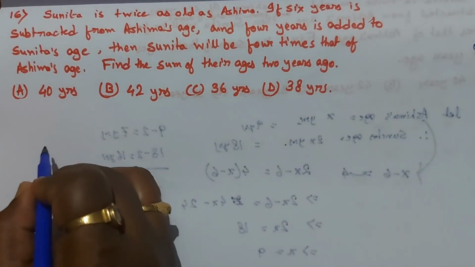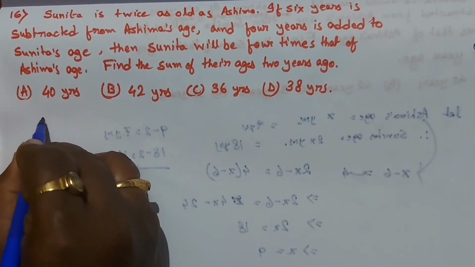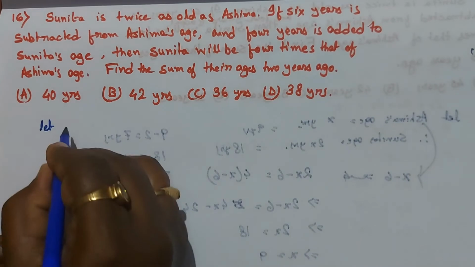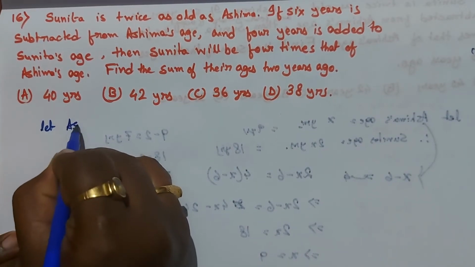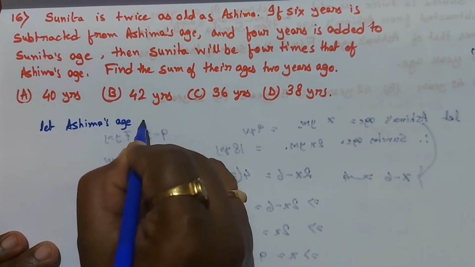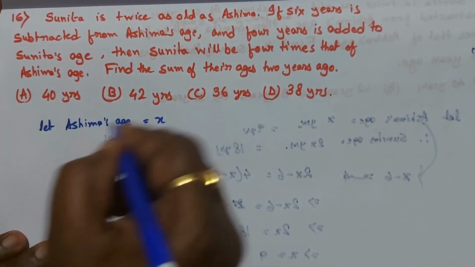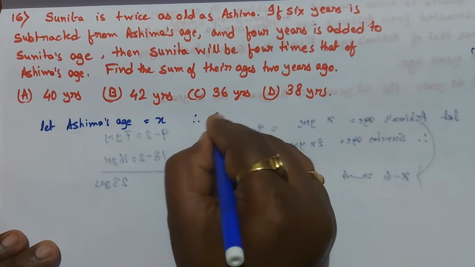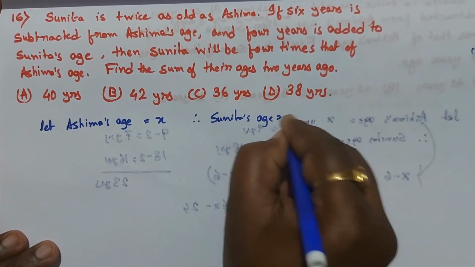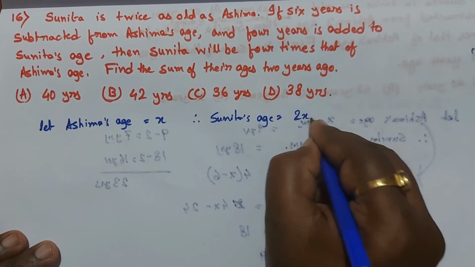So let Osima's present age be x. Therefore Sunita's age is twice that, so it is 2x.